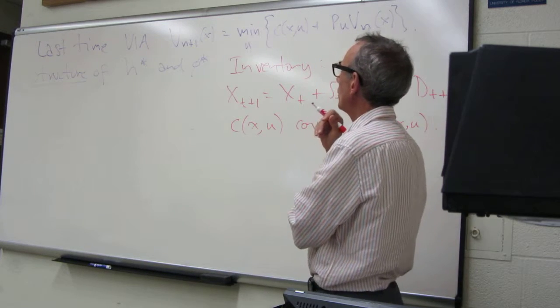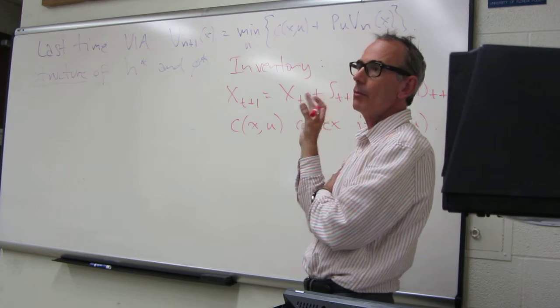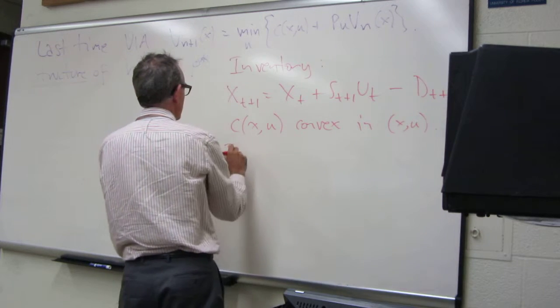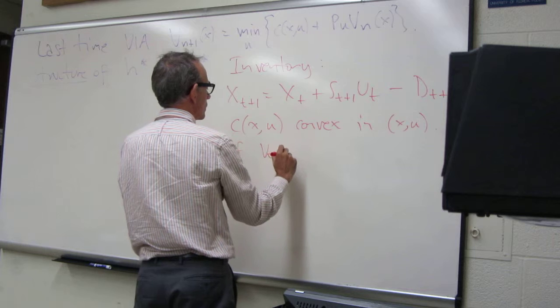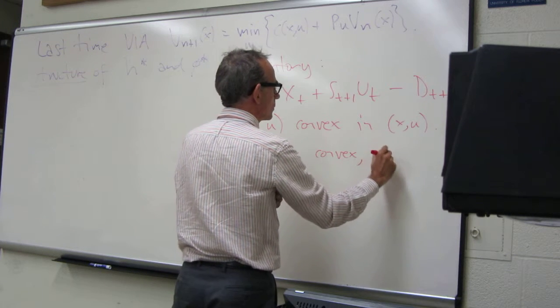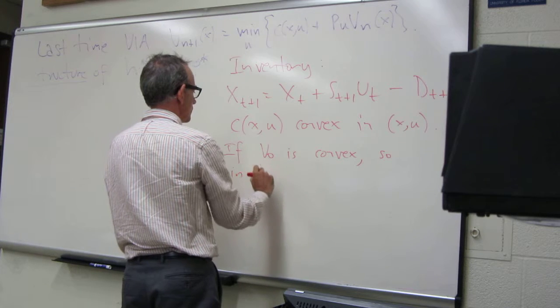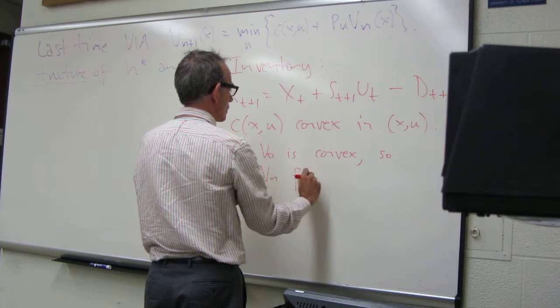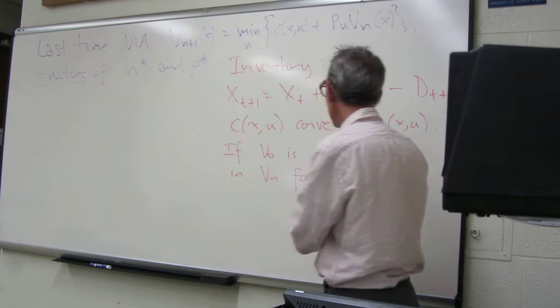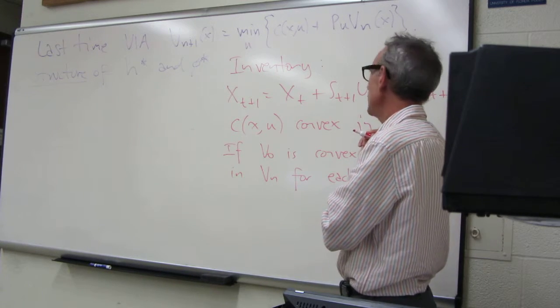And what we find is that the value iteration algorithm preserves convexity. So if V0 is convex, so is Vn for each n.